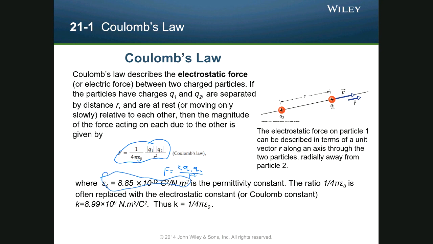So we want to be aware of it, we want to know its value, but for most of the electrostatic problems you're doing, you're going to want to use this value of K. It makes things cleaner and easier to calculate. It says it's 8.9 times 10 to the 9th newtons meters squared over Coulomb squared, but a lot of times people will just write 9 times 10 to the 9th, and you can see why this is a little cleaner and easier to remember.